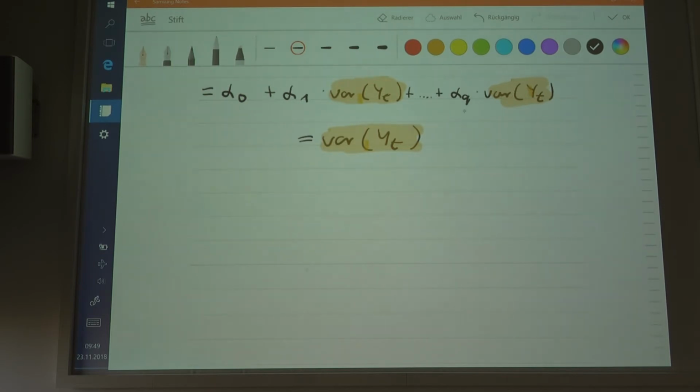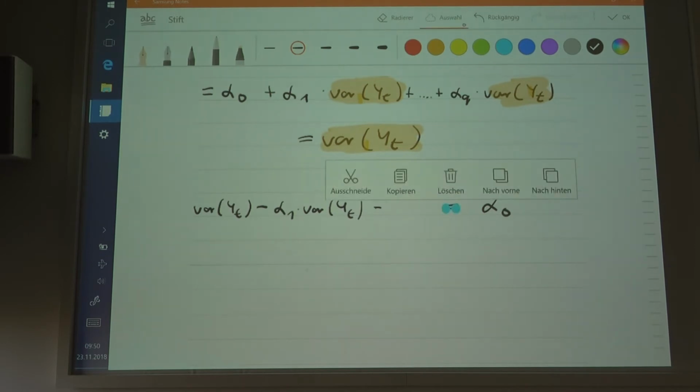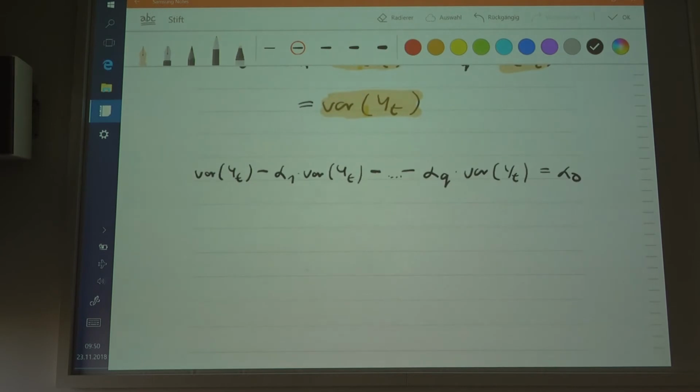We put all these expressions to the right, so alpha 0 is equal to the variance of y_t minus alpha 1 times the variance of y_t, minus, etc., minus alpha q times the variance of y_t.